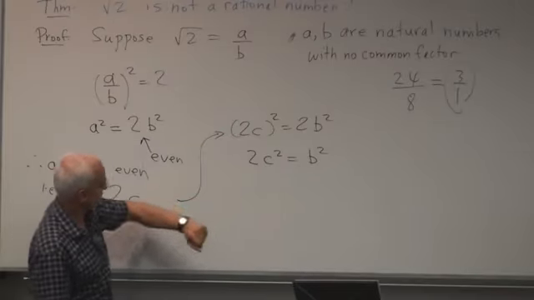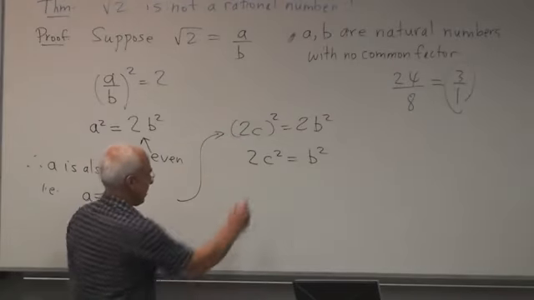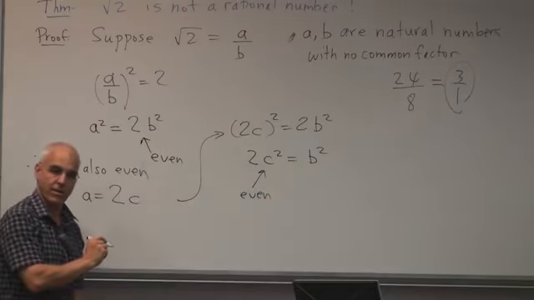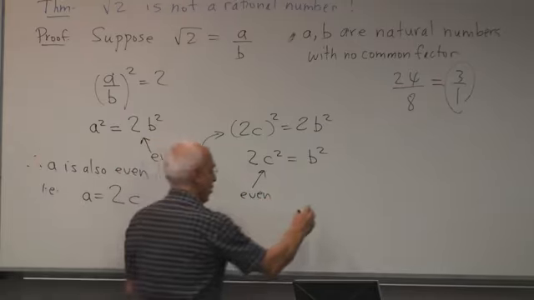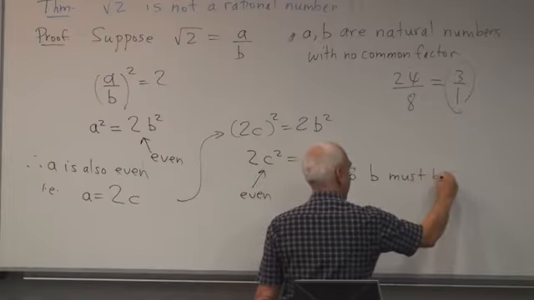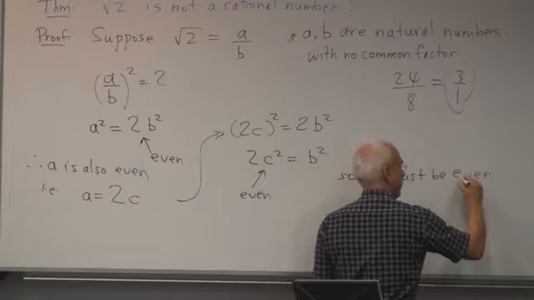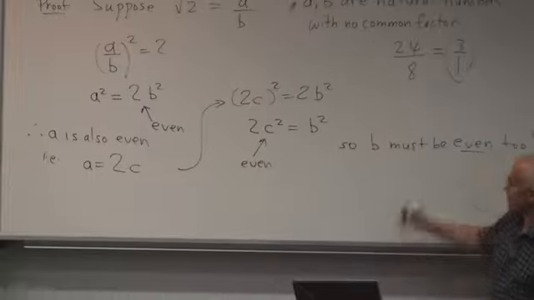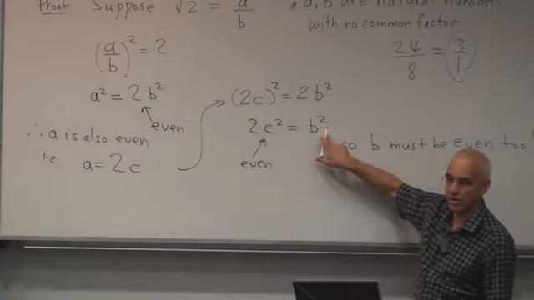This looks a lot like what we just had. Now we see that the left-hand side is even. So b must be even, because if it was odd, then odd squared is odd.